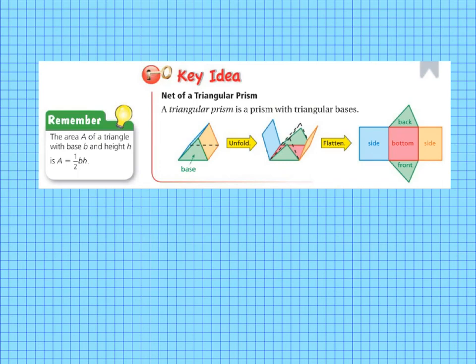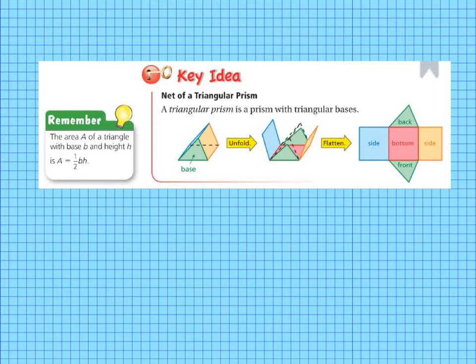Next, we have another key idea, the net of a triangular prism. A triangular prism is a prism with triangular bases. Just like we did with a rectangular prism, we imagine that this is a box and we unfold that box and flatten it out. There's a picture of that for you.